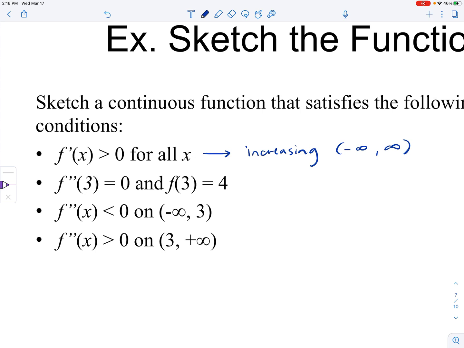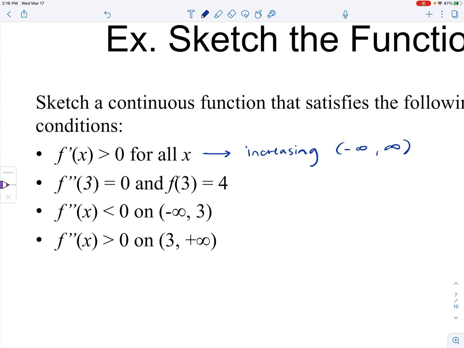So I'm just going to make a note of my interpretation. Okay, f double prime, next line, f double prime of 3 equals 0, and f of 3 is equal to 4. Well, if a value makes the second derivative equal to 0, that means that value is a hypercritical value.